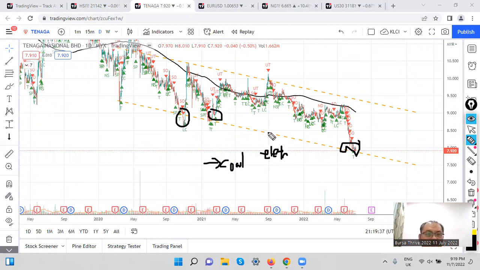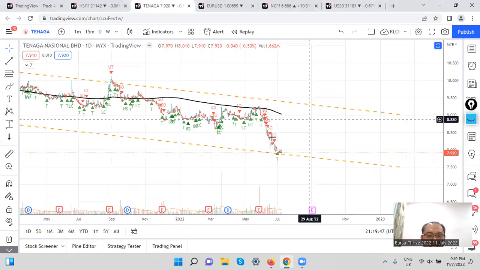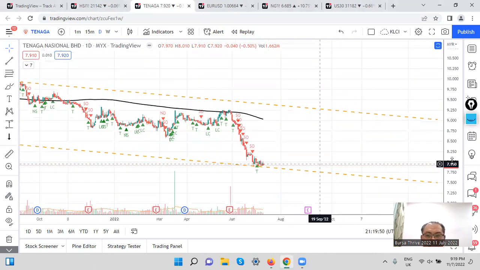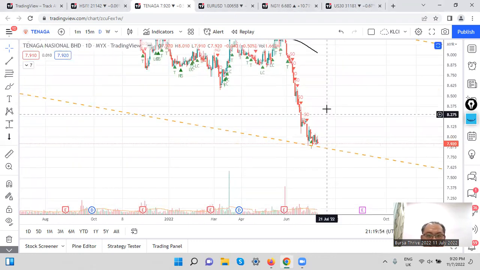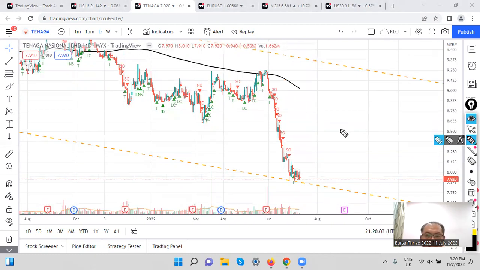Because the raw material is getting lower and lower, this will actually help the Nugget to rebound. The rebound might come a little late, not that immediate, but we already see the momentum of the drop has started to slow down. So the Nugget you can pay attention to, because this is a very good fundamental stock.